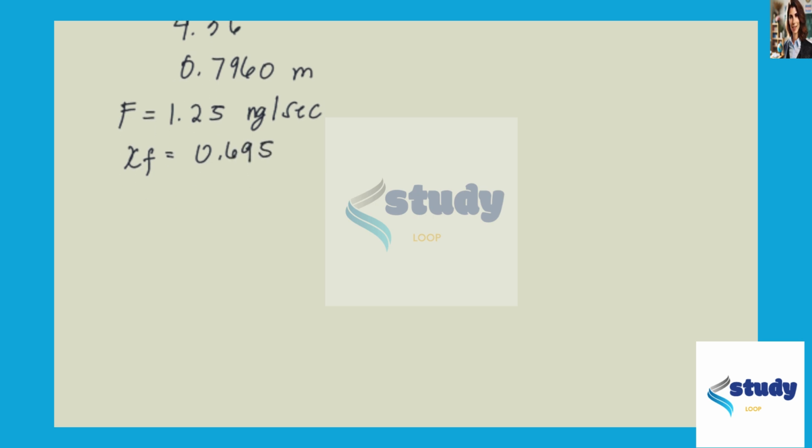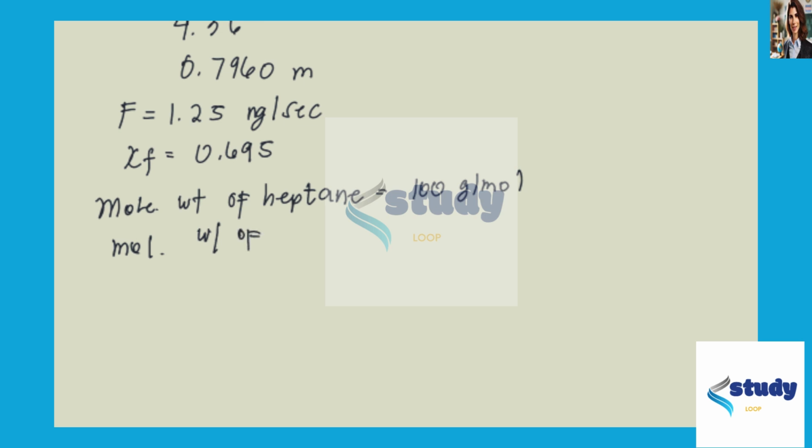The molecular weight of heptane is equal to 100 grams per mole, and the molecular weight of octane is equal to 114 grams per mole.